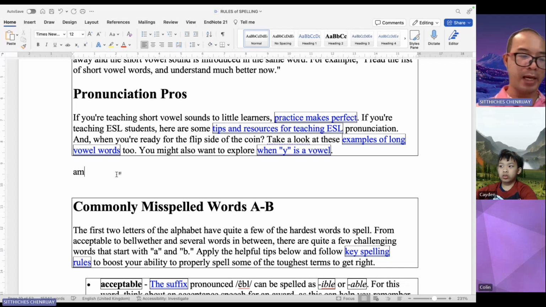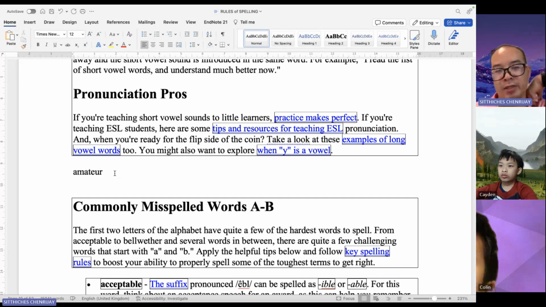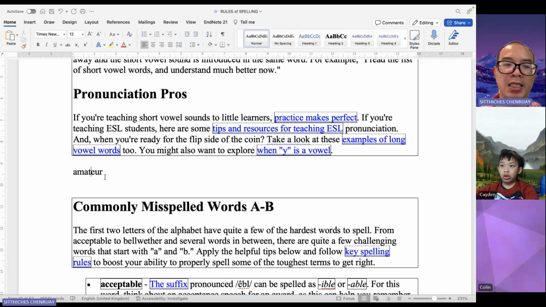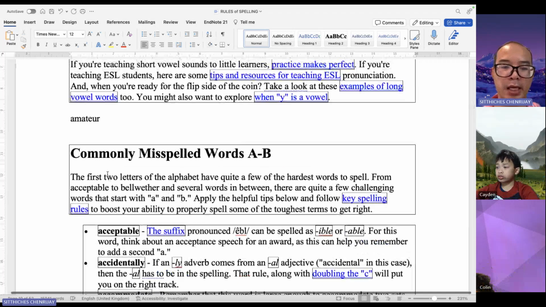A-M, A-M-M? A-M and M again. A-T. Again, repeat it. A-M-A-T-E-U-R. Good. That's amateur. When you spell, you have to repeat the word first. Amateur. A-M-A-T-E-U-R. Good.